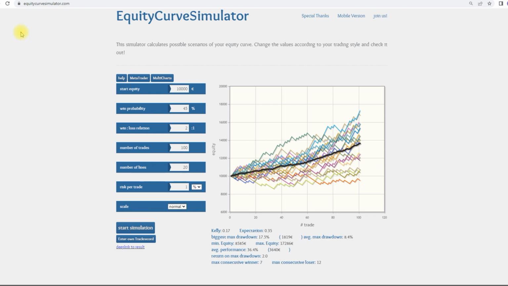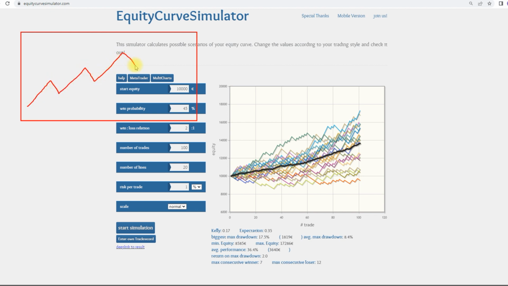What's really important to understand, if we have an equity curve that looks like this, for example, it looks like a great equity curve, doesn't it? If my strategy works out like this, I'm happy with it. But what you can't see in this curve is the period from here to here, or from there to there, how many trades are in this period.